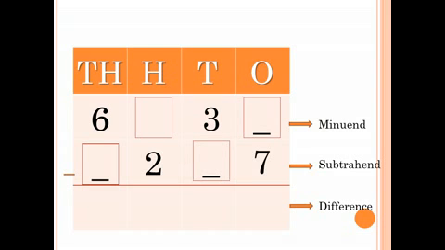The answer in the difference place we have 5181. So now in the ones place we have to find out the minuend. Now to find out minuend, children, what we have to do? We have to add difference plus subtrahend. So 1 plus 7 is 8. So the answer in the ones place, that is in the minuend, is 8.